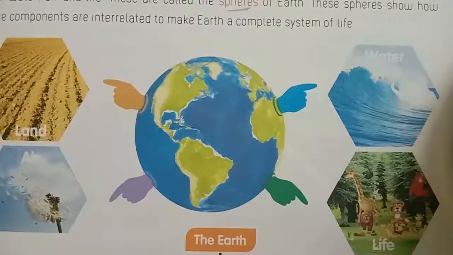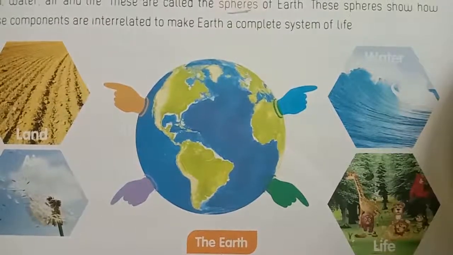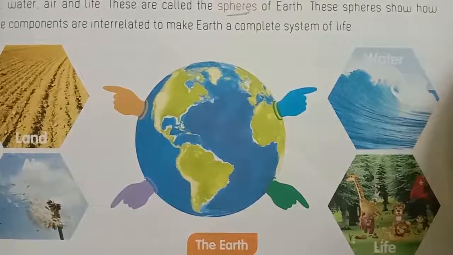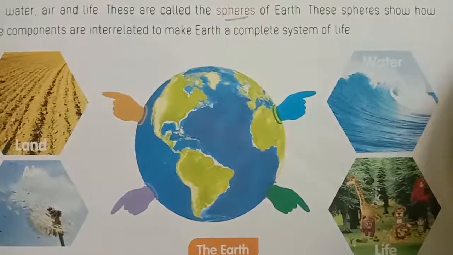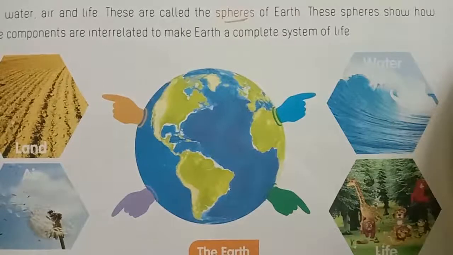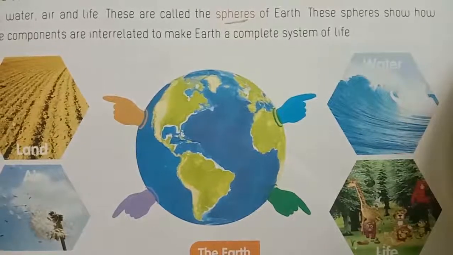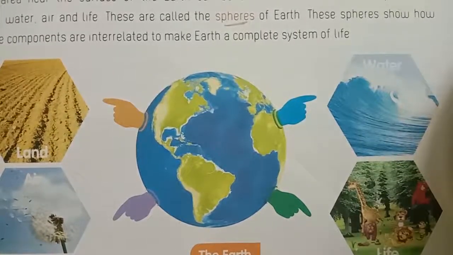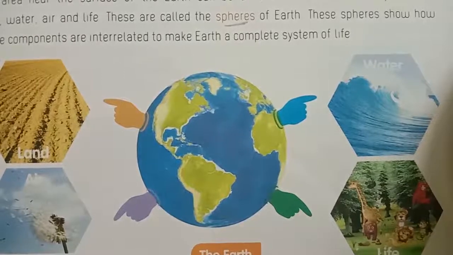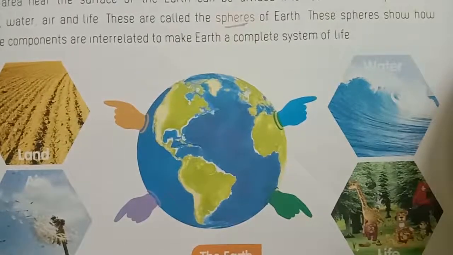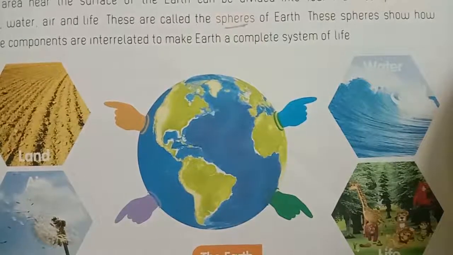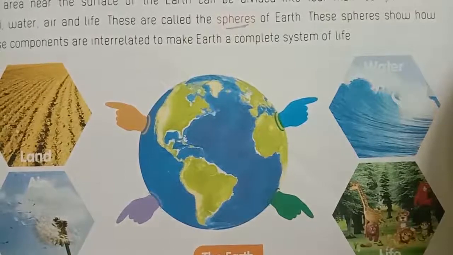The area near the surface of the Earth can be divided into 4 main components. How many components, children? 4 components. What are they? Land, water, air and life. These are called the spheres of Earth.